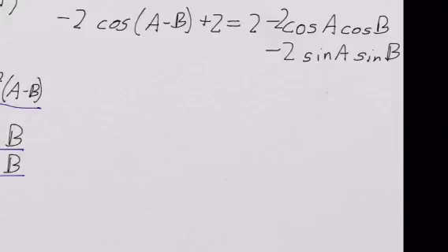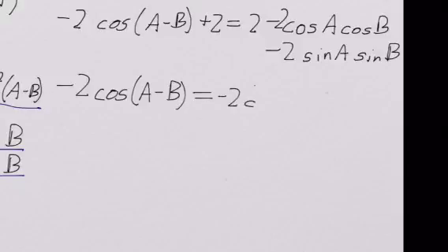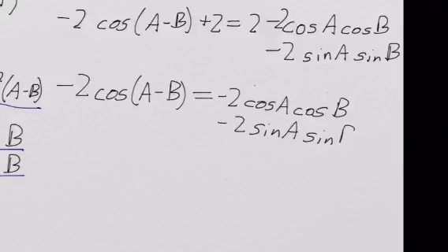So that's going to leave us with negative 2 cosine of a minus b is equal to negative 2 cosine a cosine b minus 2 sine a sine b.